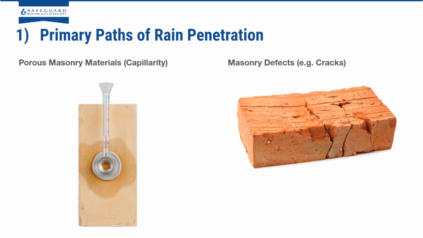All bricks have some form of pore structure, and how porous they are decides how much moisture they absorb. The other is masonry defects, so basically cracks or any areas where moisture can pass through the wall and get into the inside of the property.